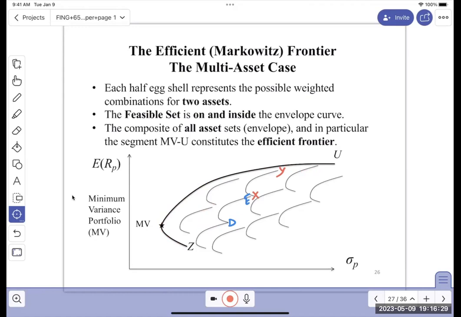But with the same logic, investors will only choose on this envelope because this achieves the best set of lowering risk but increasing return, leaving you with that trade-off. Anything below this minimum variance portfolio, any combination down here would not be chosen for the logic that I used before, because you could always improve up until the minimum variance portfolio. So which one we choose is what we want to talk about next.